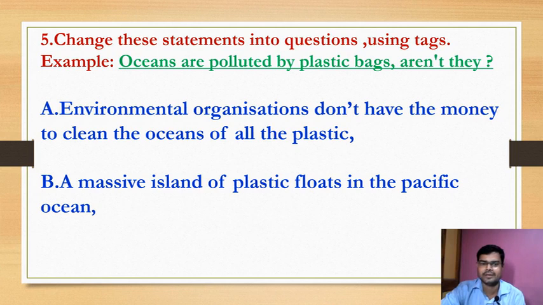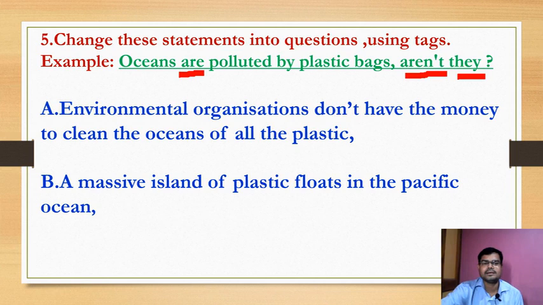Here the sentence is positive, they used this auxiliary verb and added not, because our rule says whenever a negative sentence is there, the tag is going to be positive, but whenever there is a positive statement we have to add not to the auxiliary verb, and we have written aren't. Oceans means there are many, hence we have written the plural form they. Correct? Now we have to do a similar thing with these two examples as well.